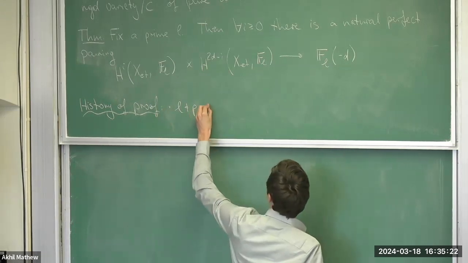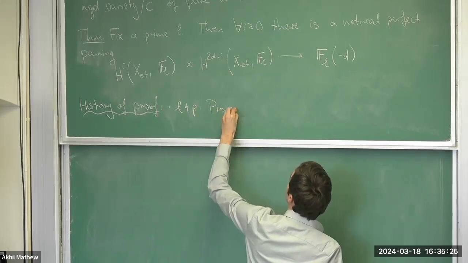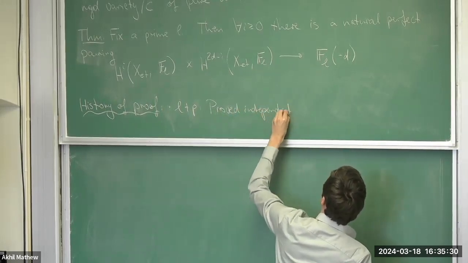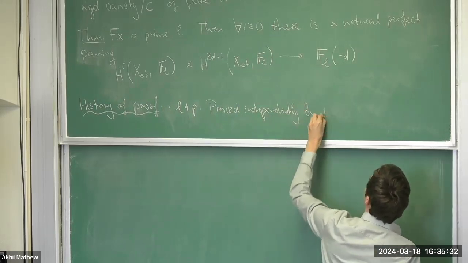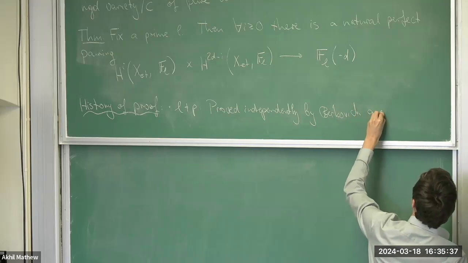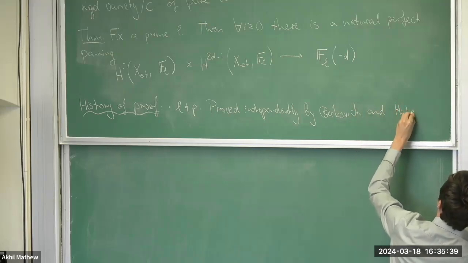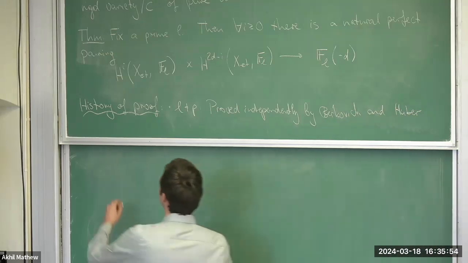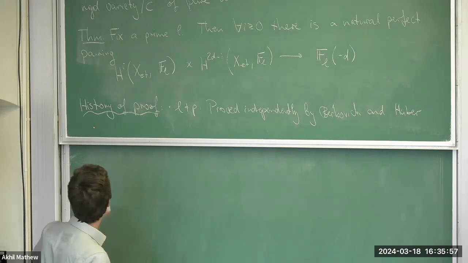In this case, it was proved independently by several people. I'm not that well prepared, I forgot to write down the dates, but it was 1980 or 90 something. But the case L equal to p is more involved.